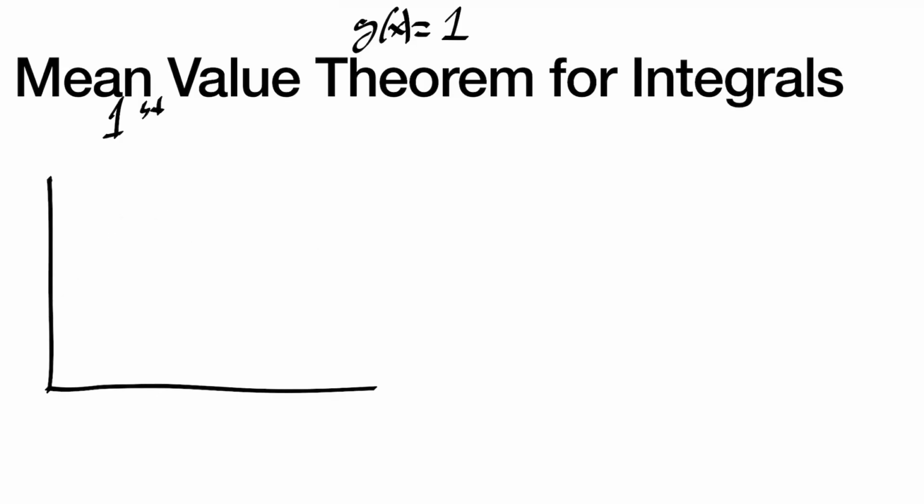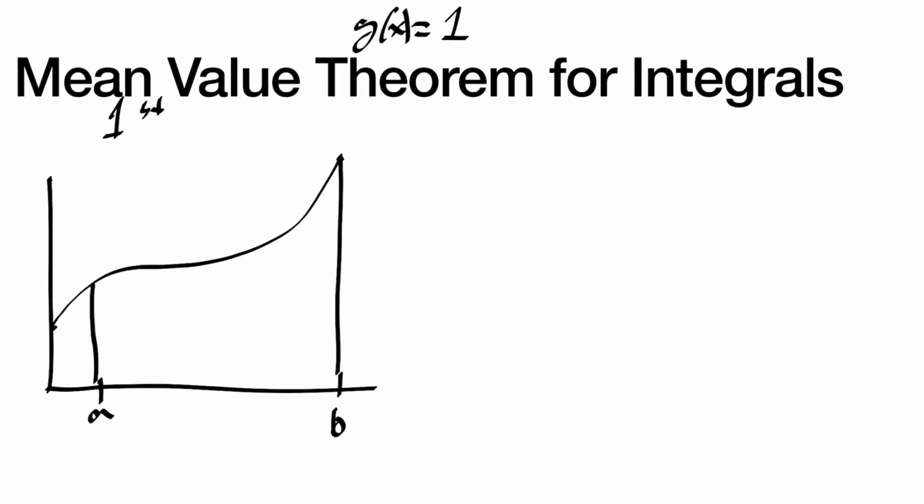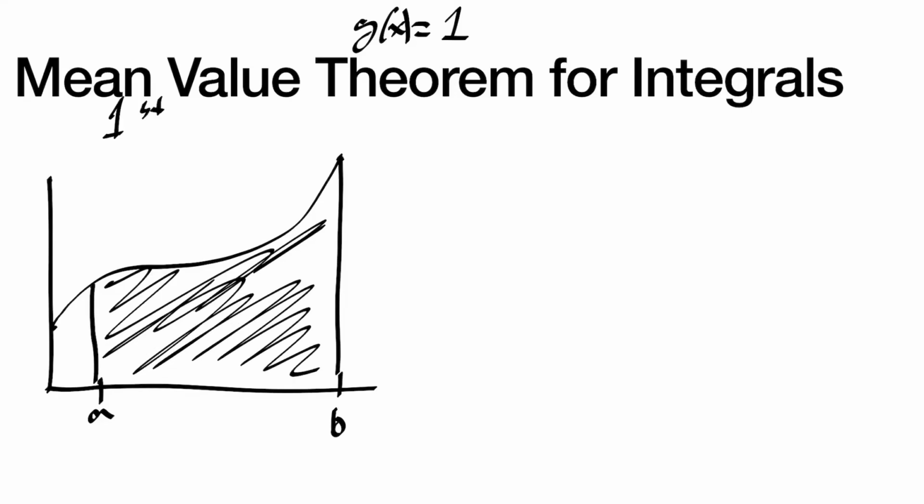Kind of ask, well, what's the difference between them? Well, the first one, we have a picture that looks something like this. I'll tell you what, let's make our function look something like that from a to b. And then on the first one, what we're doing is we're finding a value. We're comparing this area right here.